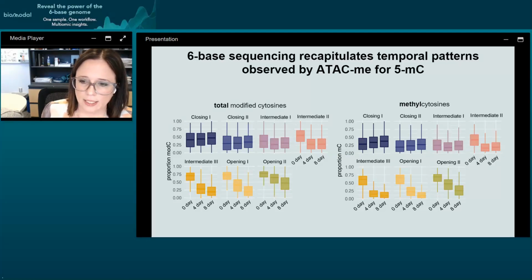In the intermediate or transient regions where you observe opening and closing, again, we see in the 6-base data that these regions are losing methylation and remaining hypomethylated. And in the opening regions, we also see that these regions are losing methylation and becoming highly hypomethylated by the end of the time course.